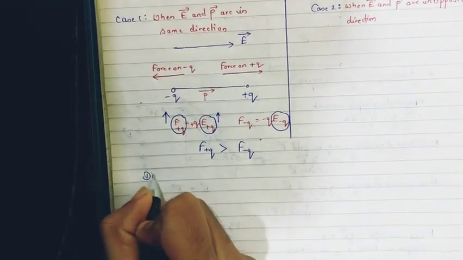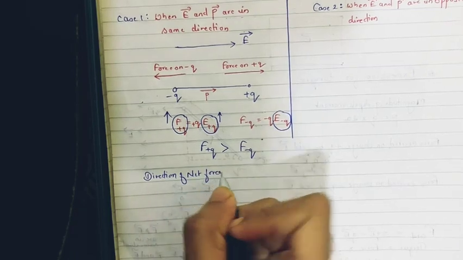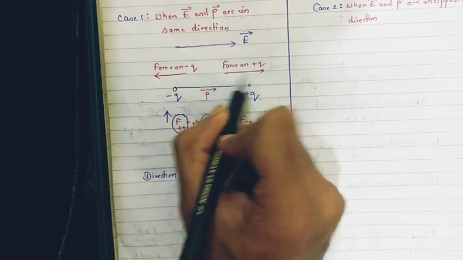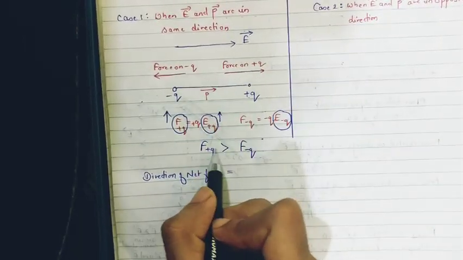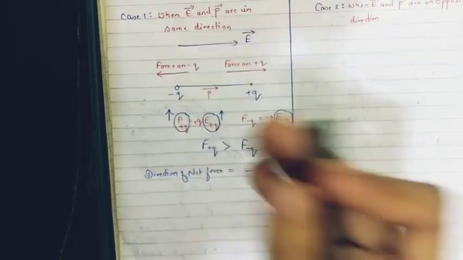Basically the direction of net force is going to be obviously in the direction of the force on plus Q, because the force on plus Q we have seen is higher. So it's going to be this direction, this direction will be overpowering.